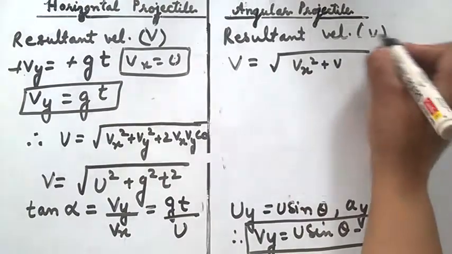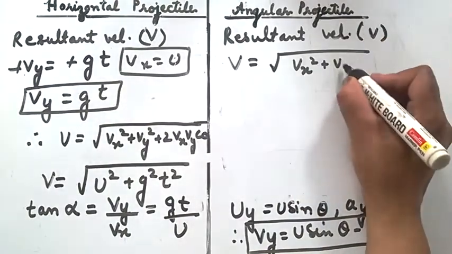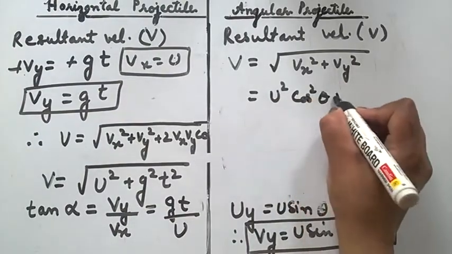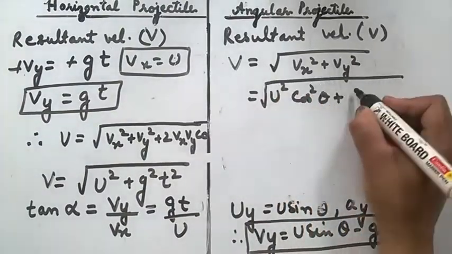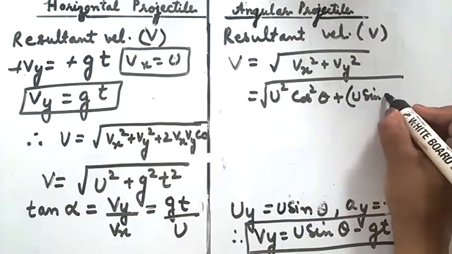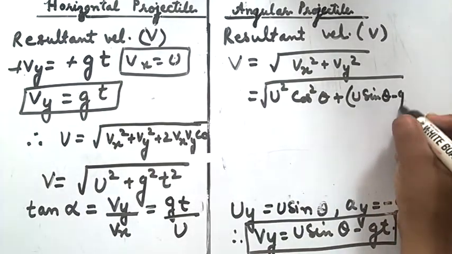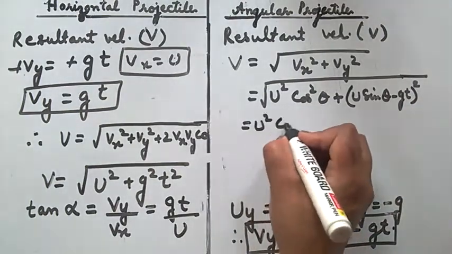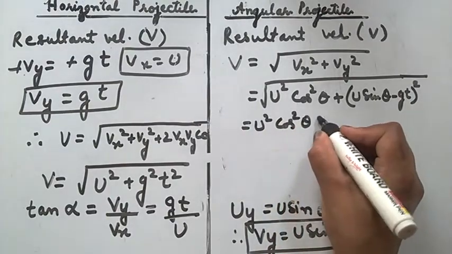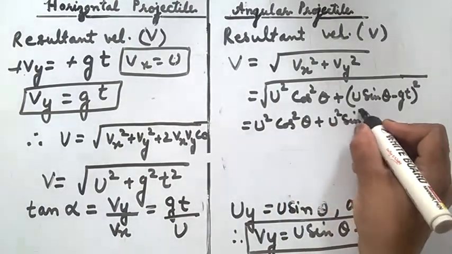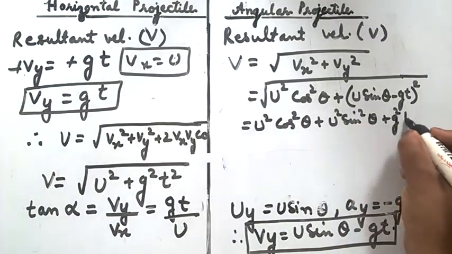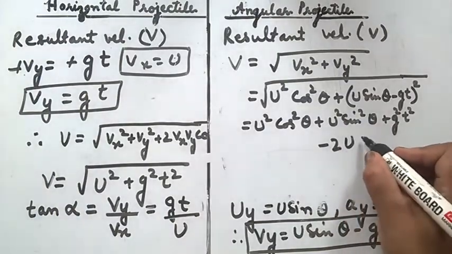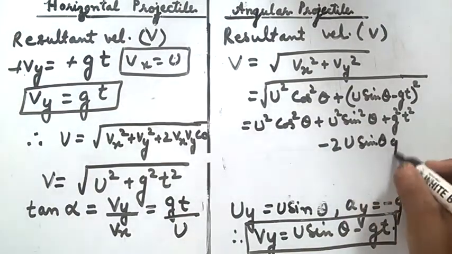And its value is u square cos square theta plus u sine theta minus gt whole square. Or we can write u square cos square theta plus u square sine square theta plus g square t square minus 2u sine theta gt, whole power 1 by 2.